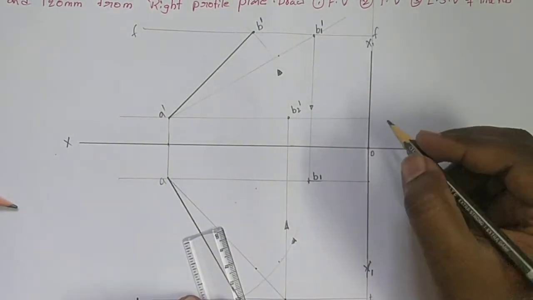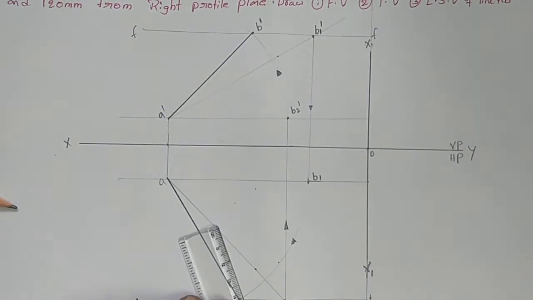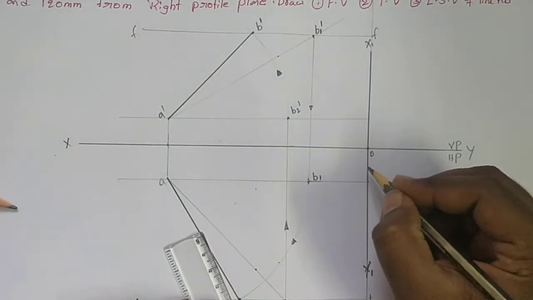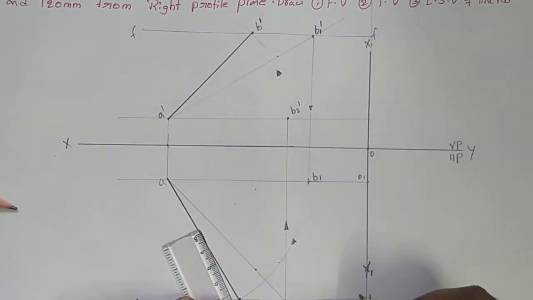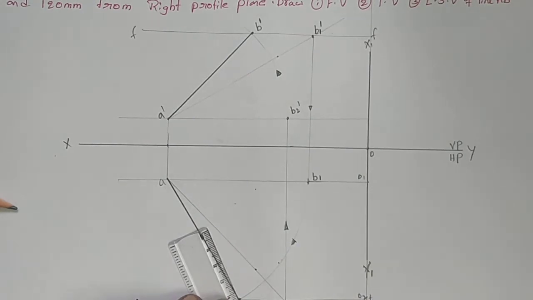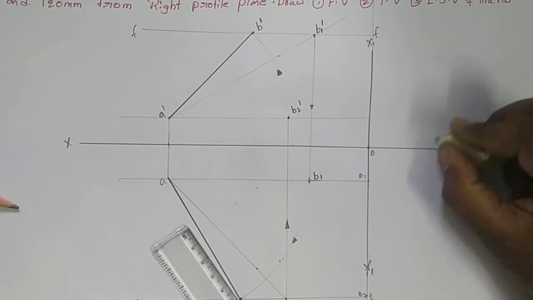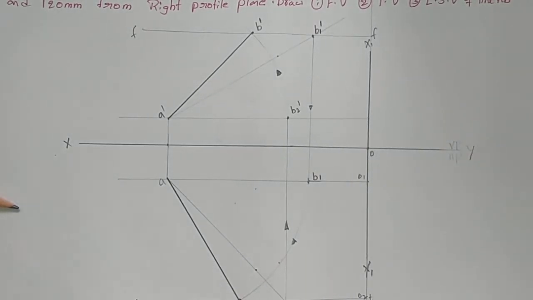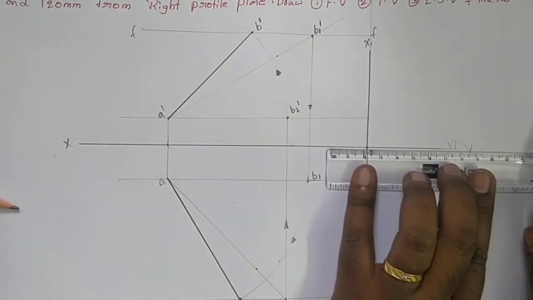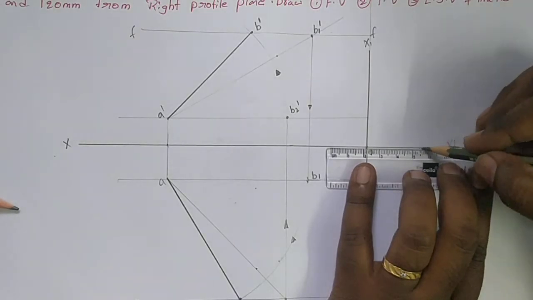Suppose this one is O1 and this one is O2. Extend these lines up to some distance.